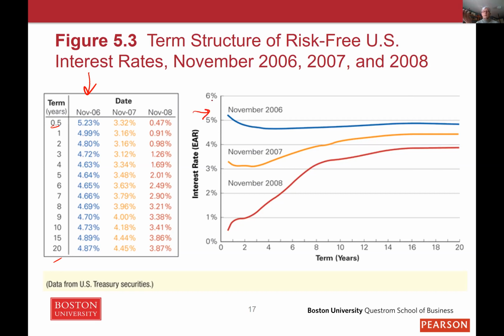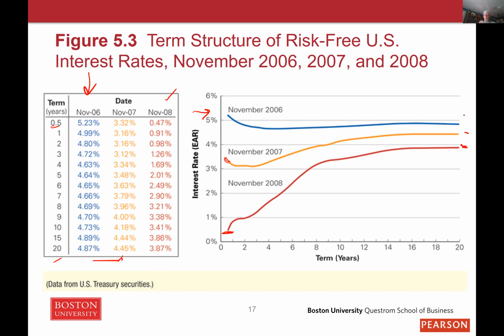And in November of 2006, the short-term rates were higher than the long-term rates. In November of 2008, the short-term rates were significantly lower than the long-term rates. In November of 2007, they have this funky little hook thing here but then they eventually are higher.